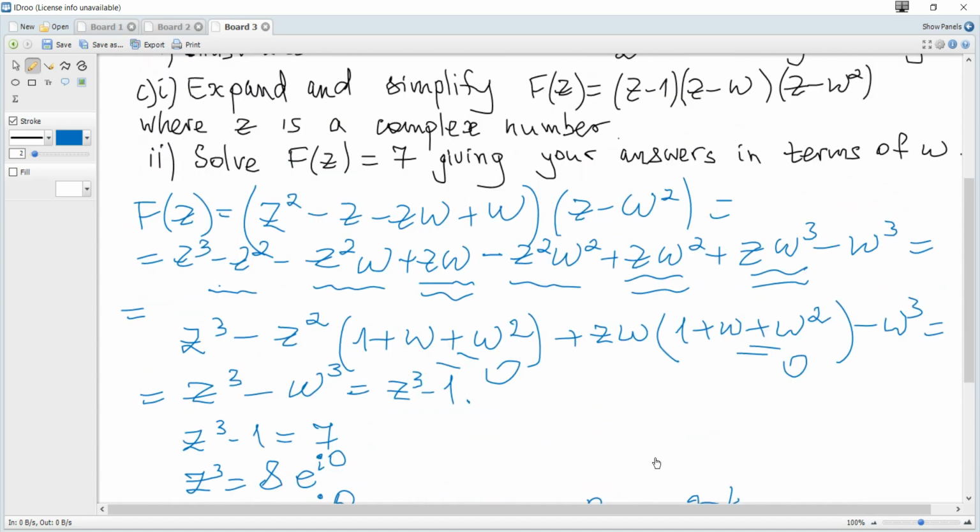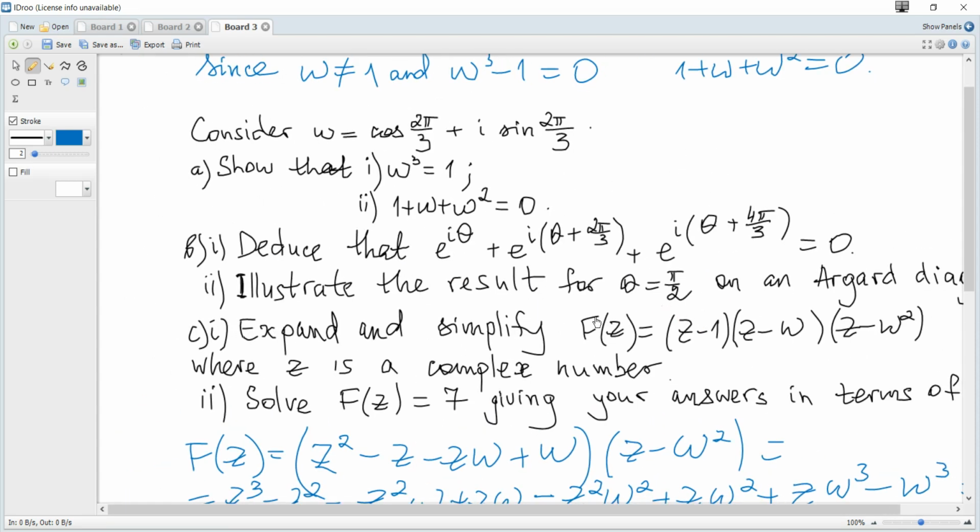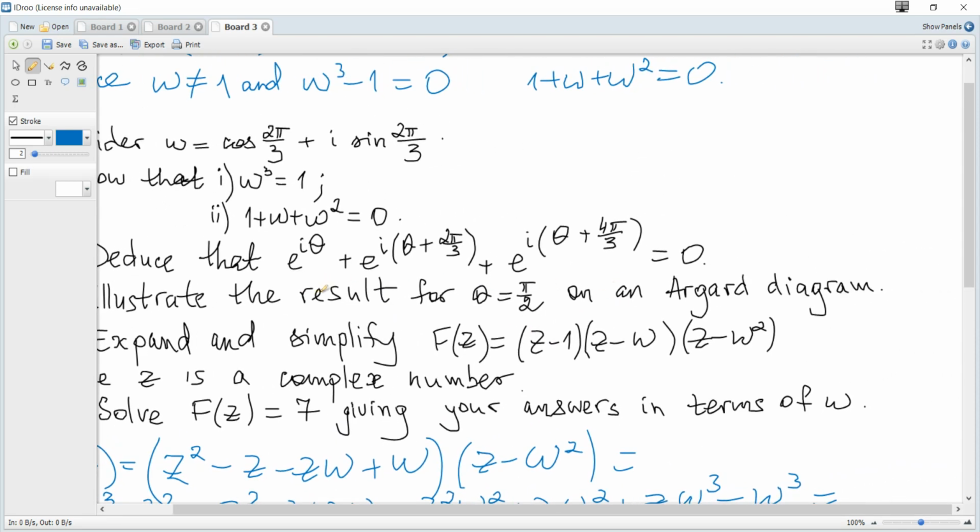Oh, I forgot one question. Illustrate the result for theta is pi over 2 on an Argand diagram. So it looks like this.